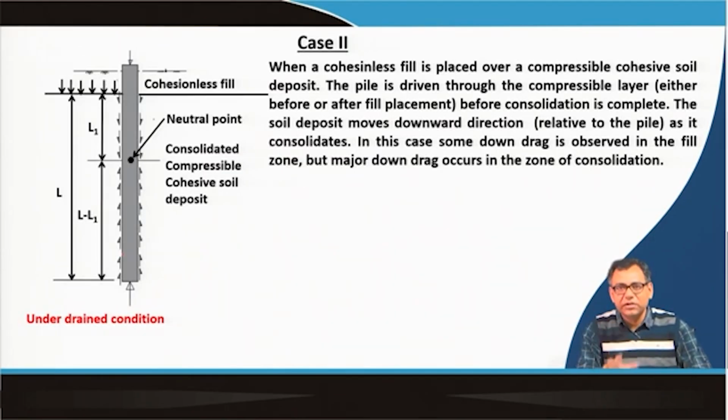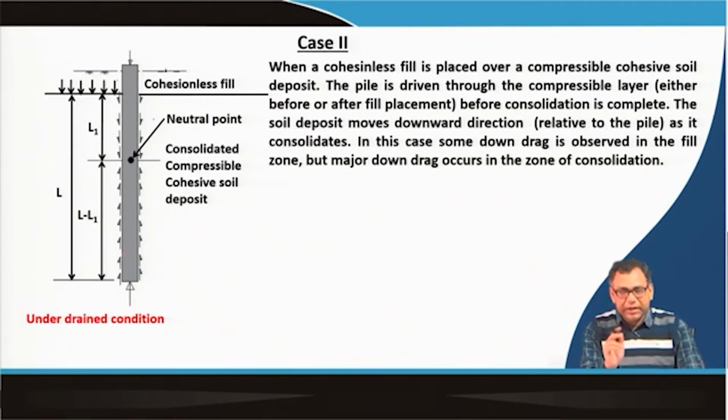The consolidation will start for the lower soil. That means most of the positive skin friction the pile was getting came from this soft clay only. But now, if the consolidation starts for the soft clay portion, then there will be a downward movement of this compressible soil. So, the negative skin friction will generate in the compressible clay.